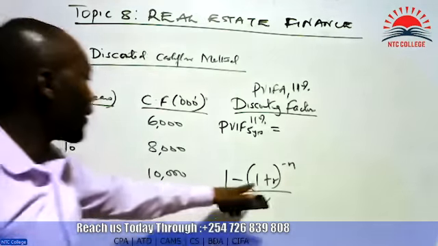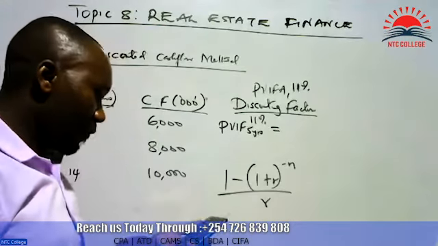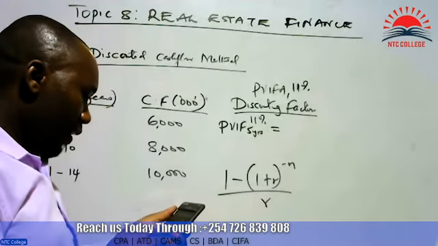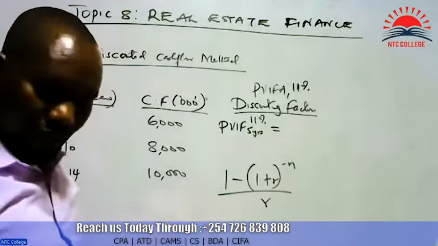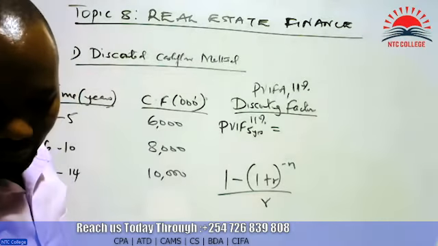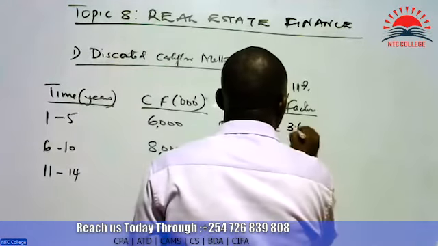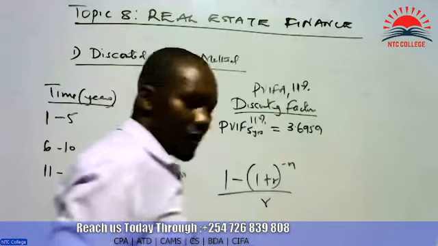So I'm getting 1.11 raised to negative n, which is 5. Then 1 minus the answer, then divide by 0.11. So that is 3.6959. So that is the first one.